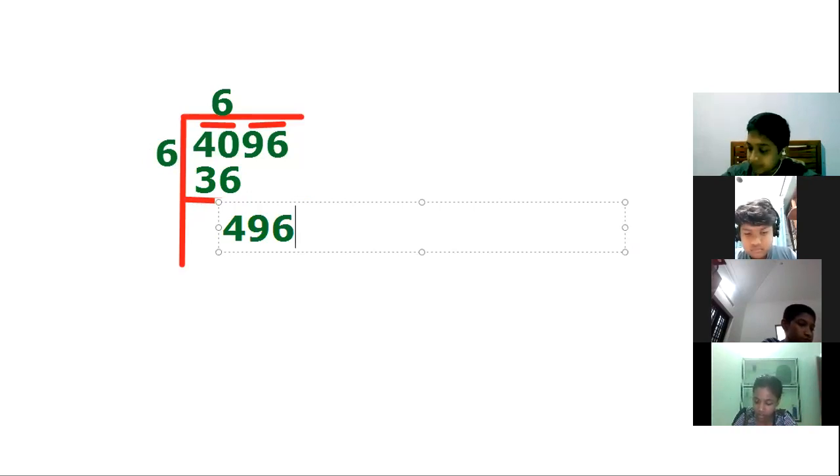Then the number becomes 496. So now we have to divide 496. Double the quotient and enter it with a blank on its right. Which is the quotient here? The quotient here is 6. Then what should be the double of 6?